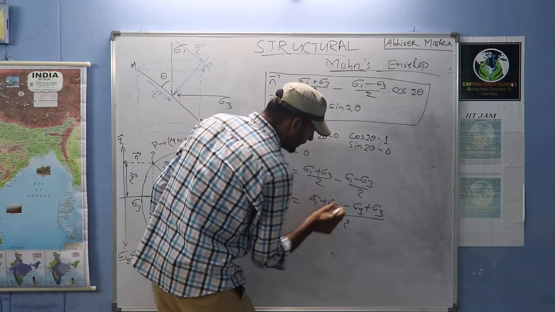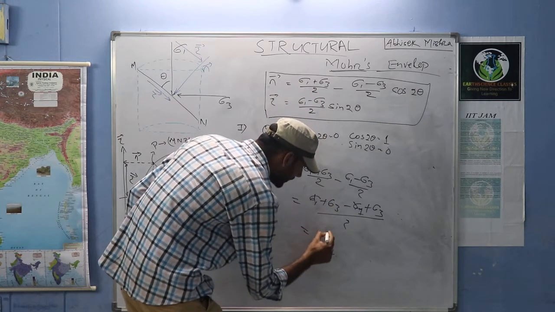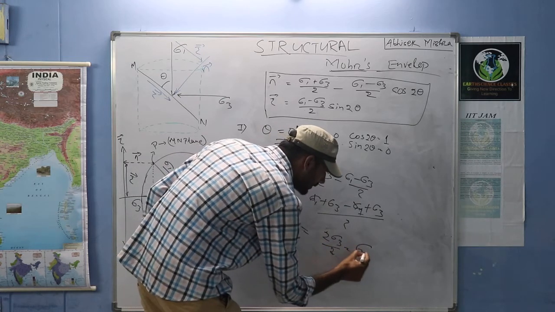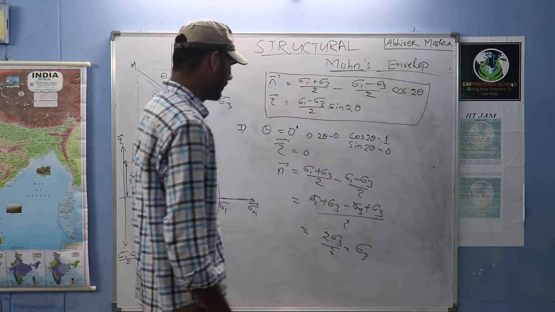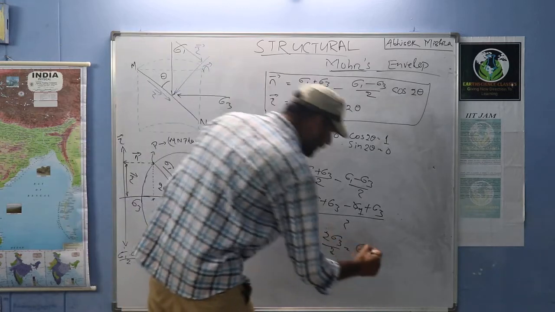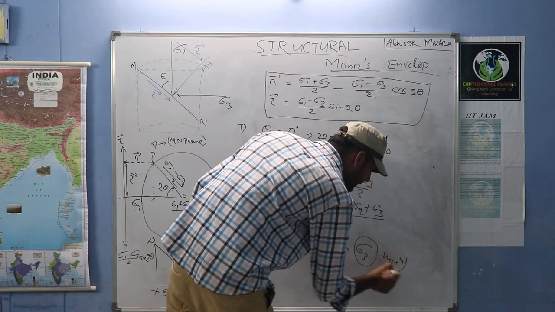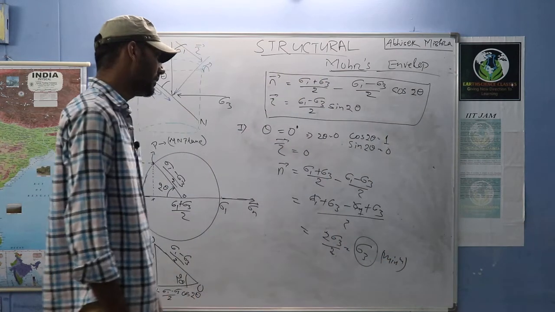The sigma 1 terms will cancel out, so that will be 2 sigma 3 by 2, and that is sigma 3. Okay. So normal stress will be sigma 3, which is the minimum. I have told you maximum is sigma 1, and sigma 3 is minimum.